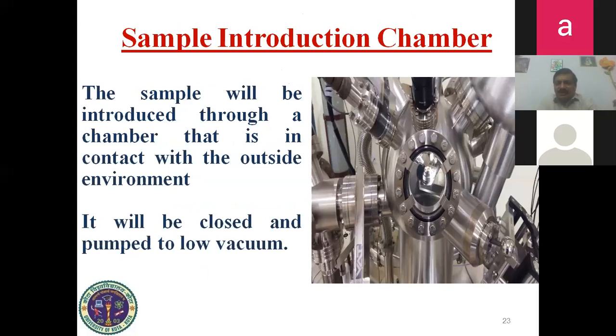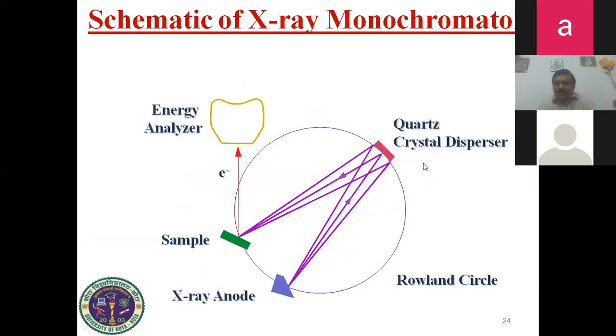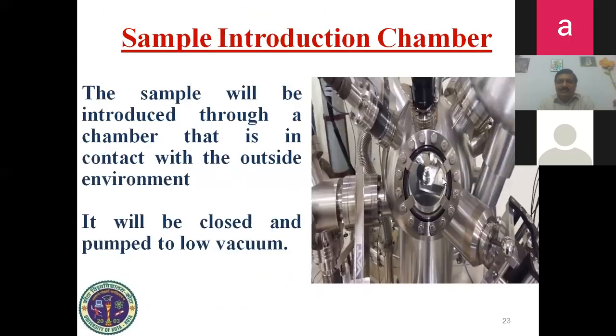You can see this is showing the sample introduction chamber where the sample mount is available. It can be seen directly in the middle of the introduction chamber. The sample will be introduced through this chamber. It is in contact with the outside environment, and then a vacuum is created.